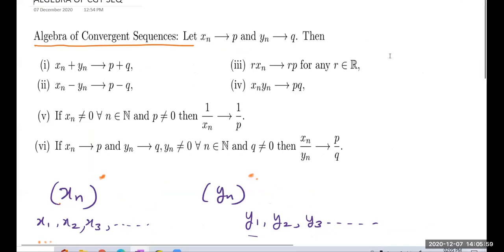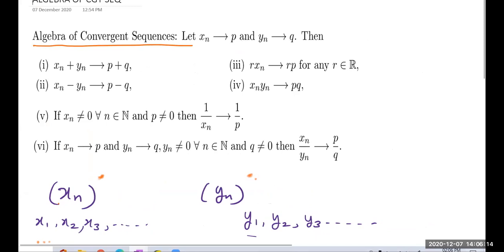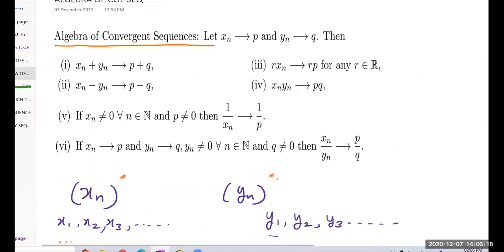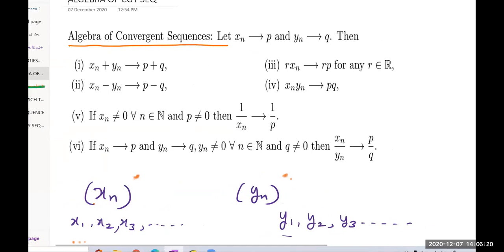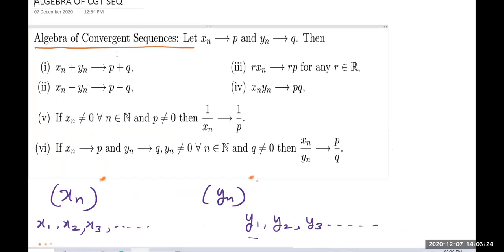Okay, it's visible now properly. Is it visible properly? एकच मिनिट थांबा. Yes, ma'am. Yeah, now it's better. Yeah, okay, now it is better.